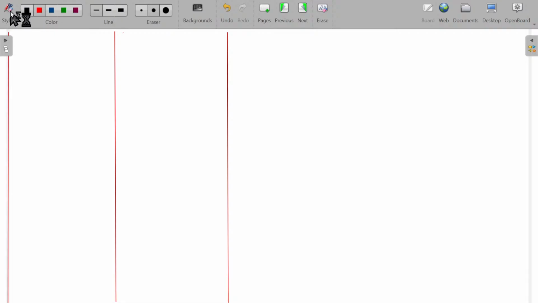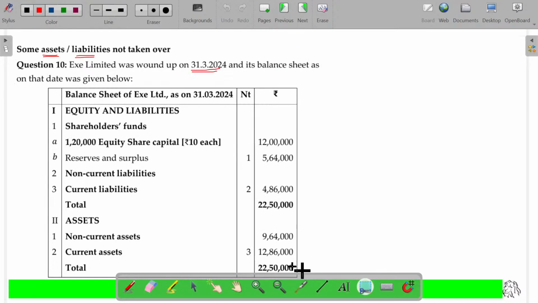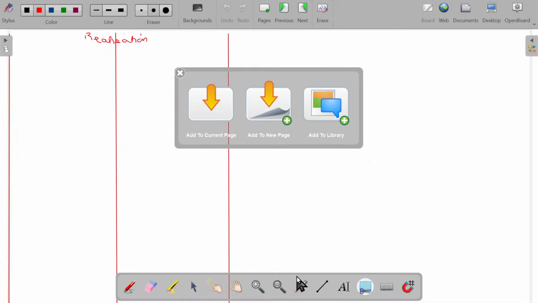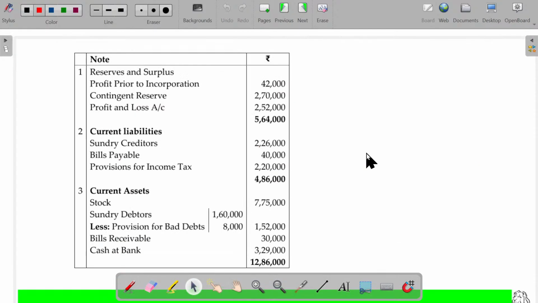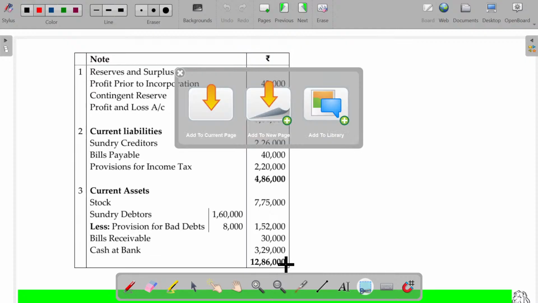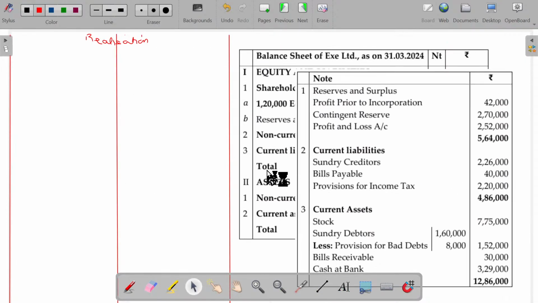Realization account of X Limited. Their balance sheet is given here. Apart from that, the additional items also are available here. If nothing is stated, we can assume we have to follow which method?